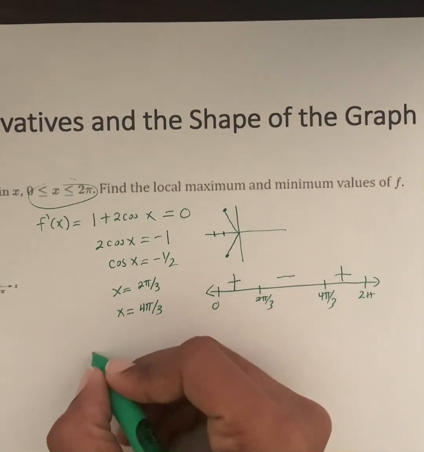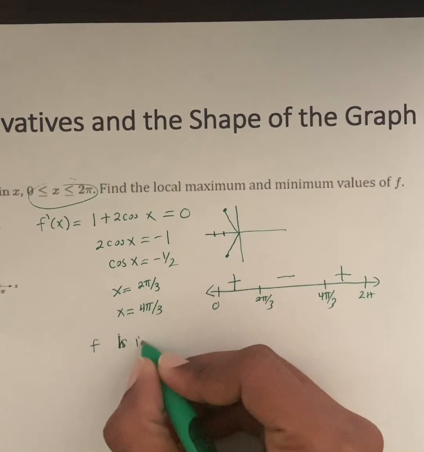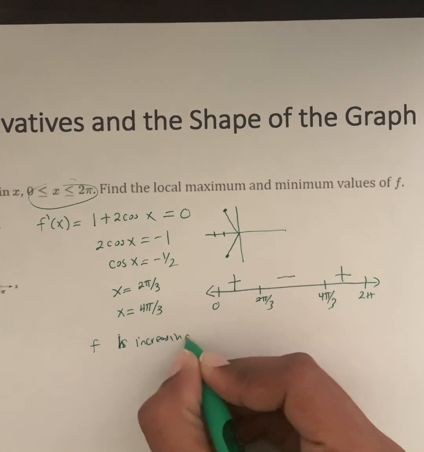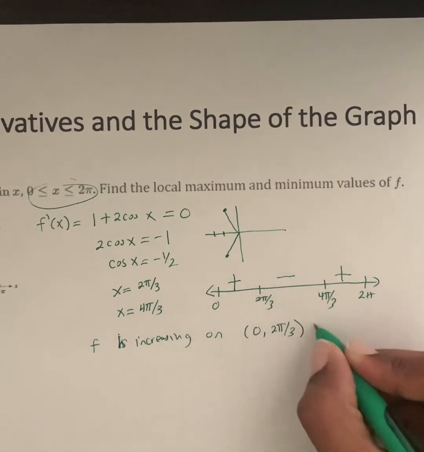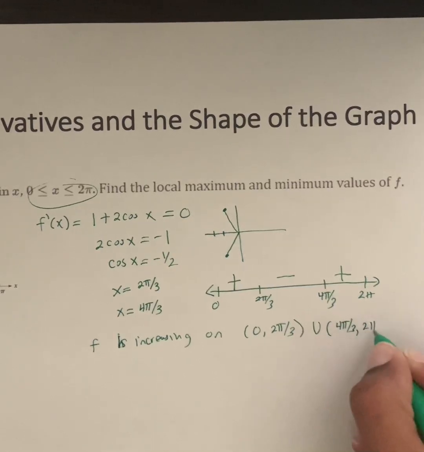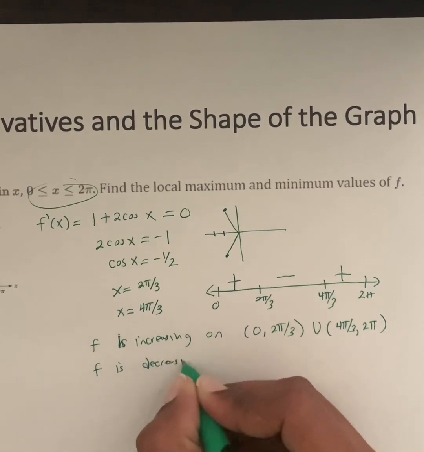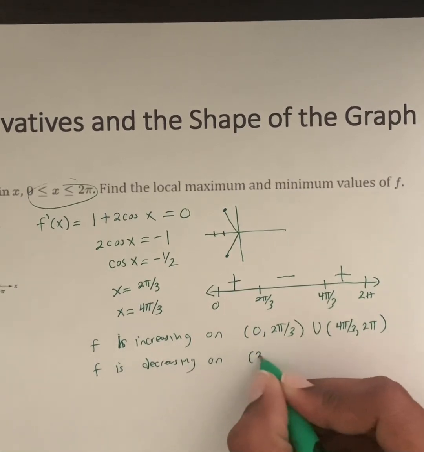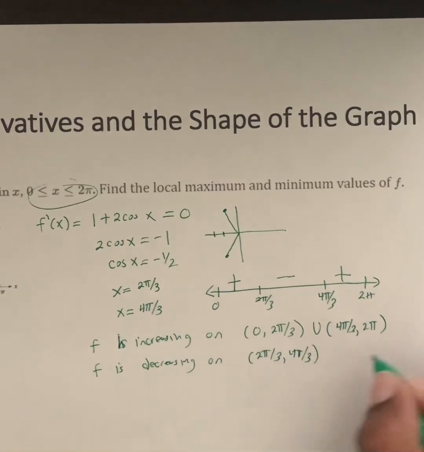Okay, so we get f is increasing on 0 to 2 pi over 3 union 4 pi over 3 to 2 pi. F is decreasing on 2 pi over 3 to 4 pi over 3.